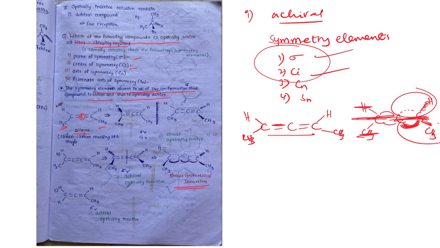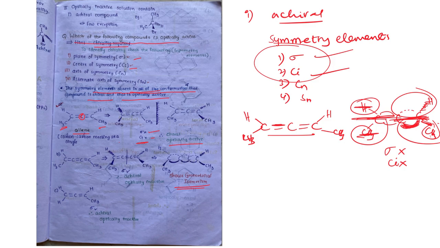So overall the molecule has plane of symmetry absent, center of symmetry absent, when these are different groups. In case on any one side both are the same groups, it is 100% optically inactive because a plane of symmetry is present. That's why you have to understand this clearly. So in this case absent, therefore optically active.